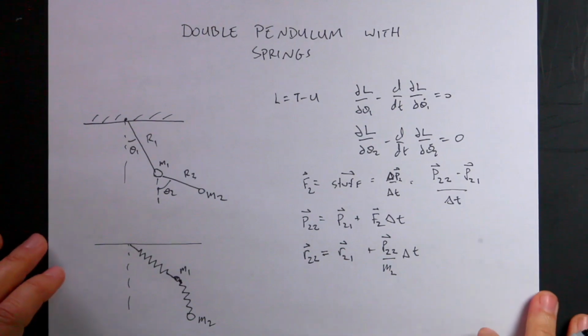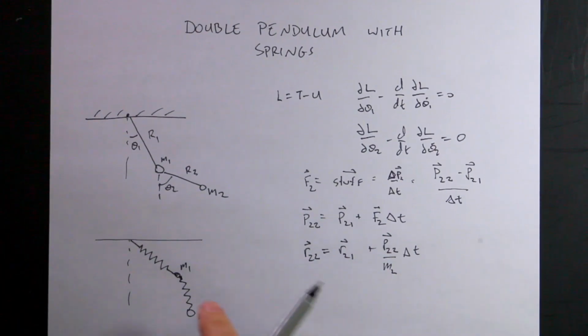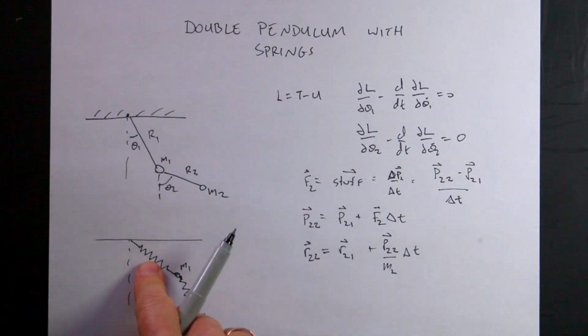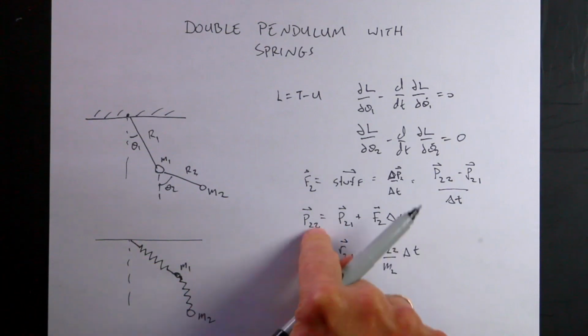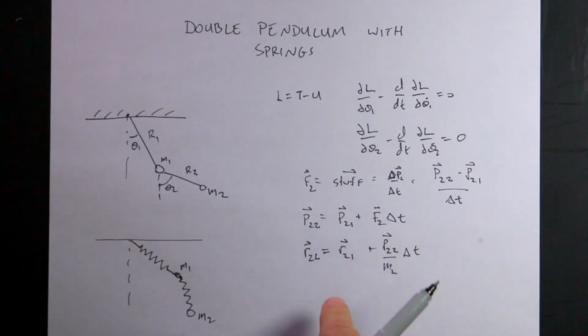And I can calculate the force due to a spring at each instant. It depends on where it is in relationship to the attachment point. So I can break this into short time steps, calculate the net force on M1 and M2 by using these springs, use that to update the momentum of the 2 masses, update the position of the 2 masses, and do it all over again. And let's see if we can get something that looks like a double pendulum.